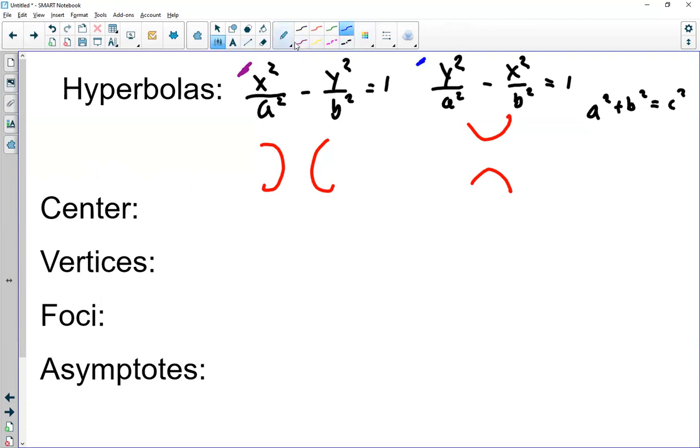Horizontals could be purple, and then verticals would be blue. Center, always 0, 0.